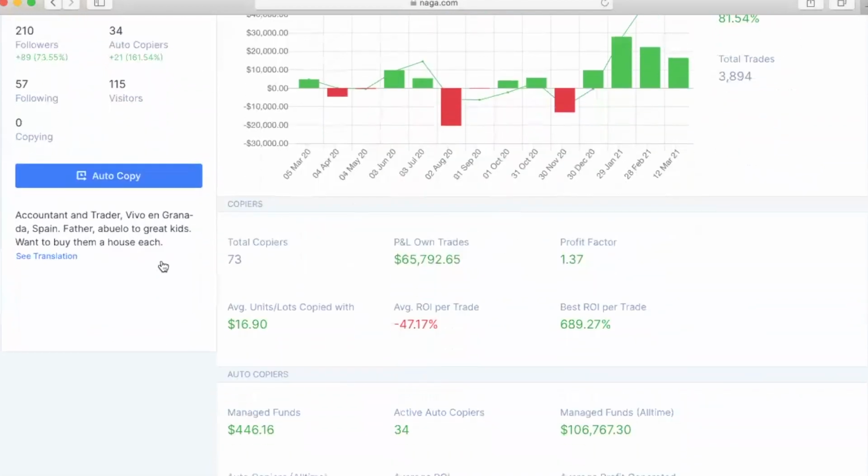Now, if we scroll down, we can see again here it says his total amount of copiers is 73. P&L stands for profit and loss. He's made $65,792. His profit factor from a ratio is 1.37.